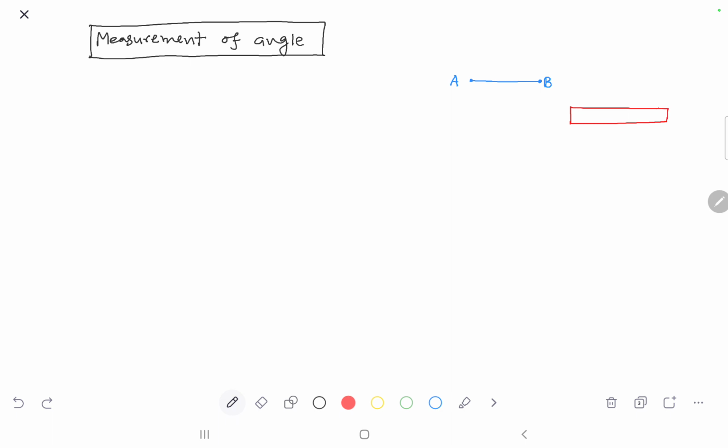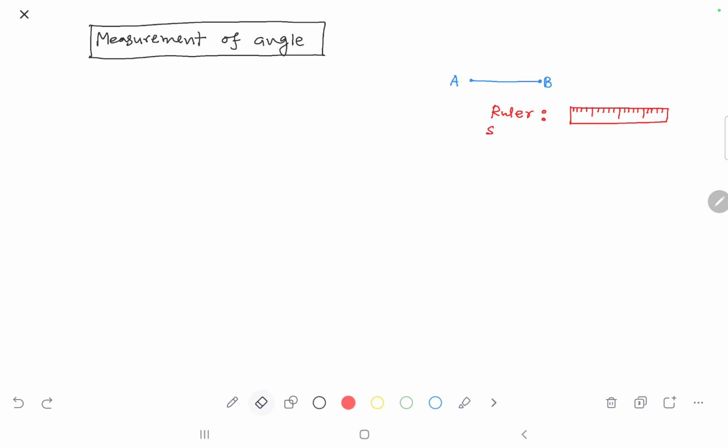The ruler has marks that people constructed: 1, 2, 3, 4 and 5, like this. You put it here. This is the ruler, or scale.